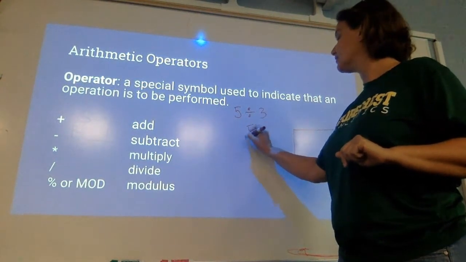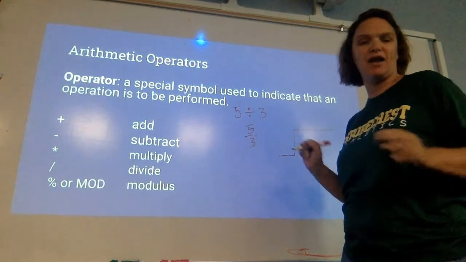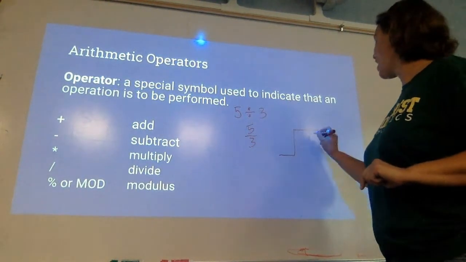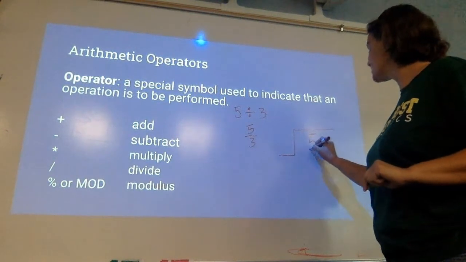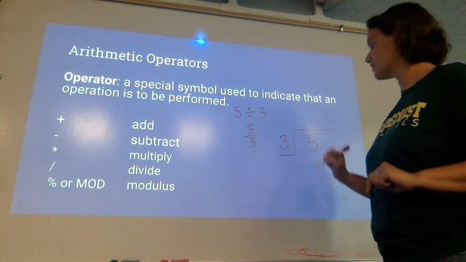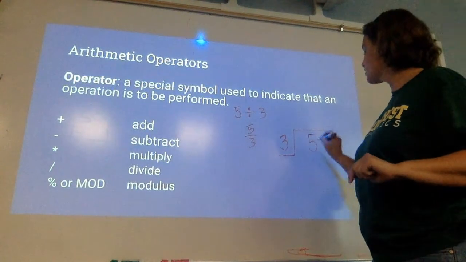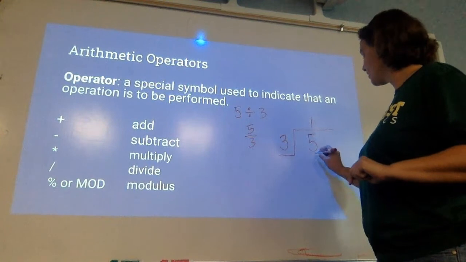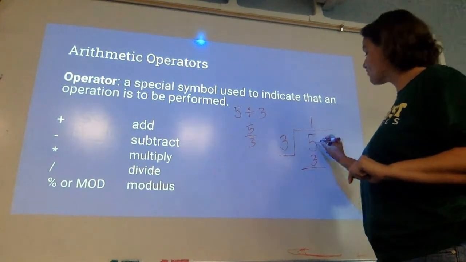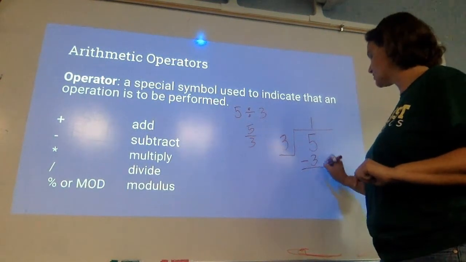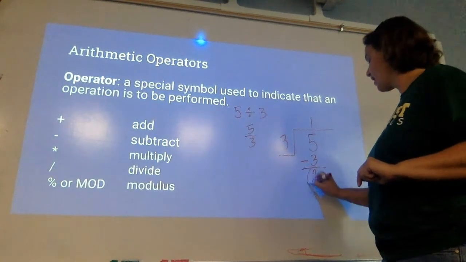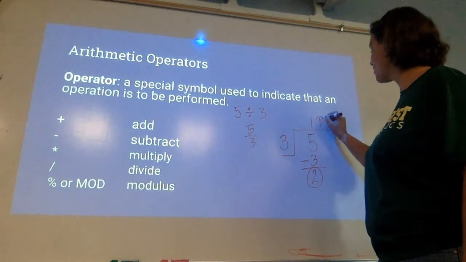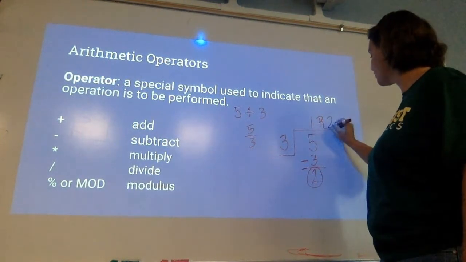There were many ways to write it, but then I used this symbol and said, I have 5, and I'm going to see how many times 3 goes into it. So 3 goes into 5 one time. 1 times 3 is 3. 5 minus 3 is 2. And sometimes we were even really special and we just got to write remainder or R2.